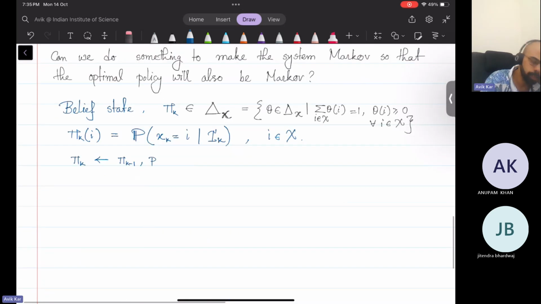So let's write P and B. If we know these, then we can exactly compute the belief state from the previous belief state. Now we know that π_0 is the initial distribution. So π_0 is known.